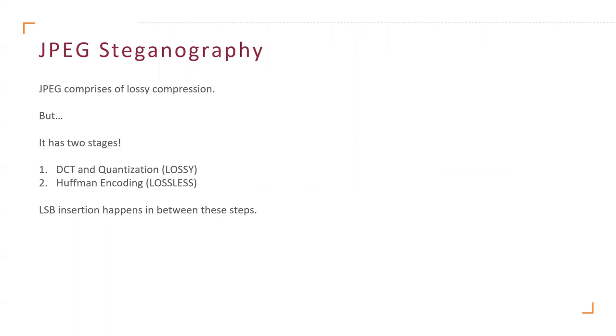The DCT and quantization phase of the JPEG image generation is lossy, and then this generated byte stream goes under Huffman encoding, which is lossless. So the LSB insertion happens in between these two steps. And if that is happening before Huffman encoding, then Huffman encoding is obviously lossless. So that's how JPEG actually stores the hidden secrets.